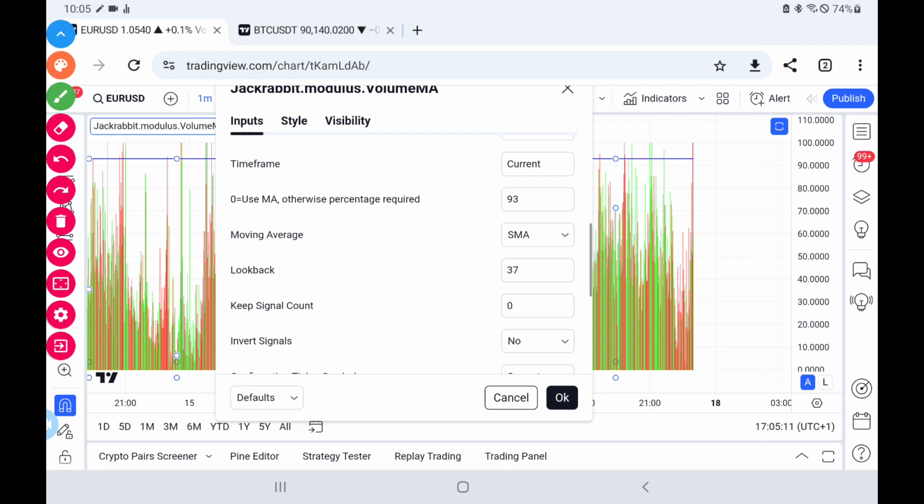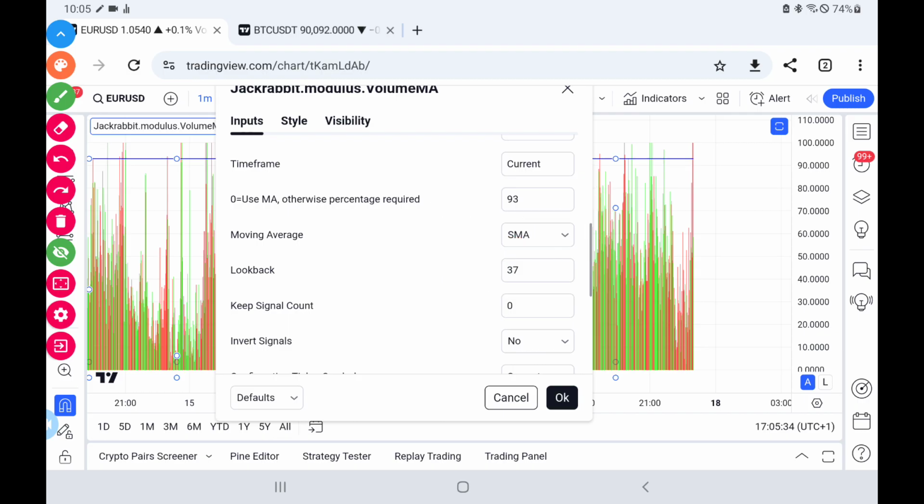In this particular case, I have my volume threshold at 93%. So I only want opportunities when the volume is 93% of the last 37 candles. And of course, these numbers are completely changeable.